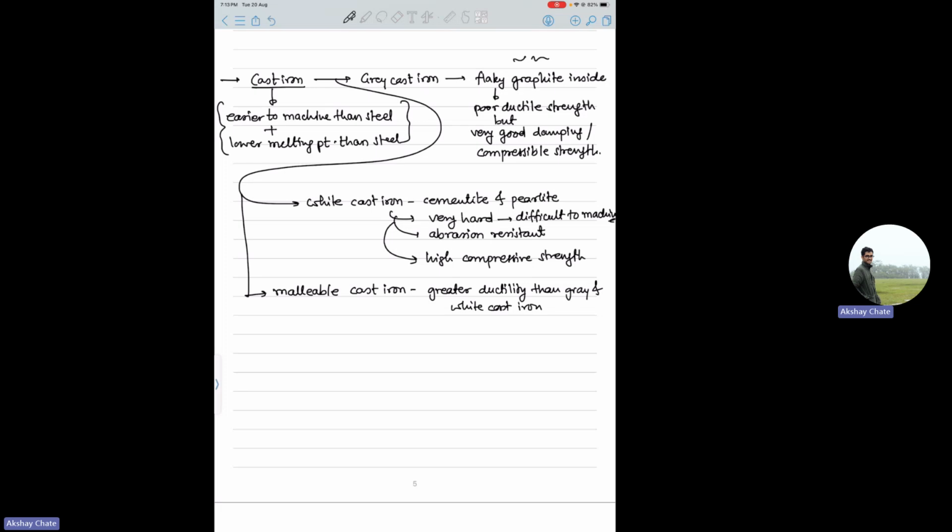And it has clusters, nodules, of carbon.